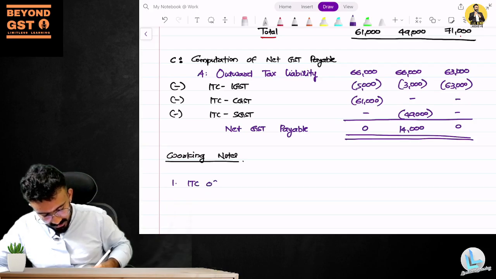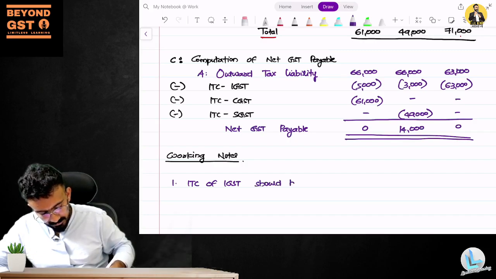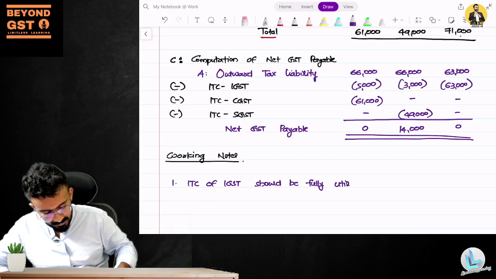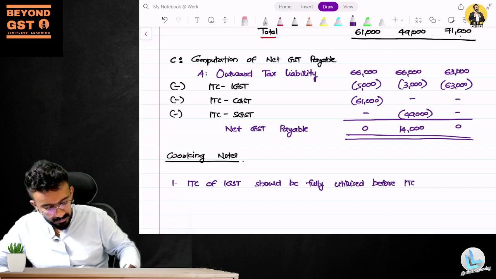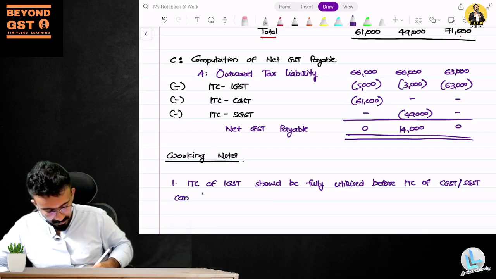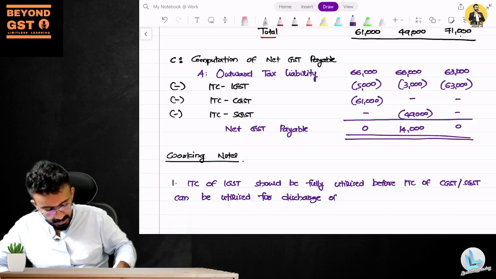ITC of IGST should be fully utilized before ITC of CGST or SGST can be utilized for discharge of liability.